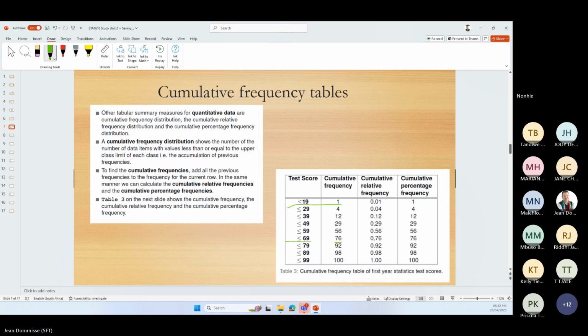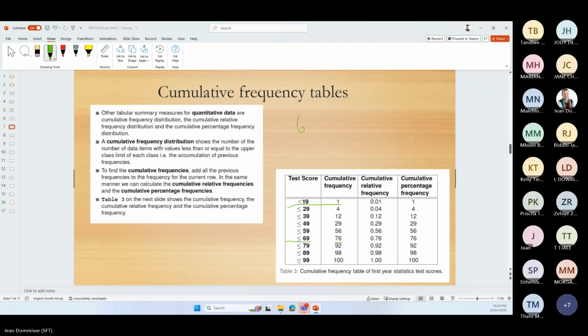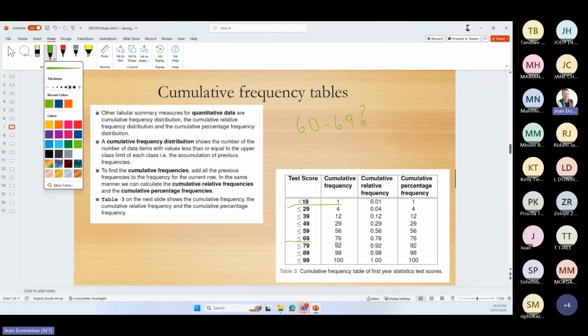So a question that they can ask you is, let's say this is students, how many students are there that have a score between 60 and 69? That can be a question.